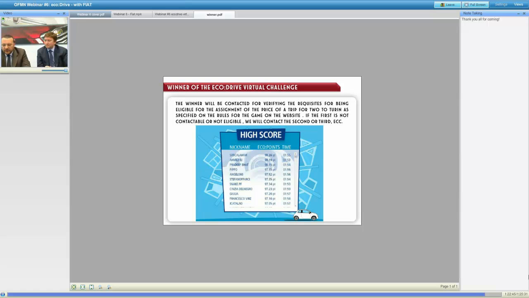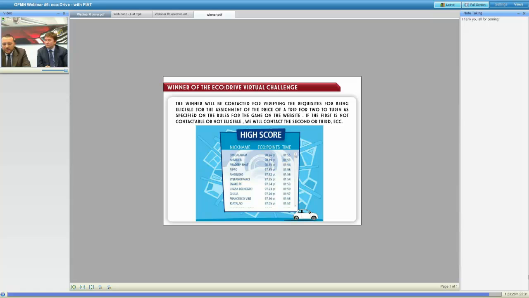Going to the question, which are the secret factors to have a good EcoPoint ranking, and what is the difference between the EcoDrive game on the Facebook page and the one in the car. What we tried to do in the game is to replicate as much as possible the application that is running in the car. Of course, as we saw in the first webinar, the 4 pillars of EcoDrive are the gear change, the acceleration, the deceleration, and the speed.